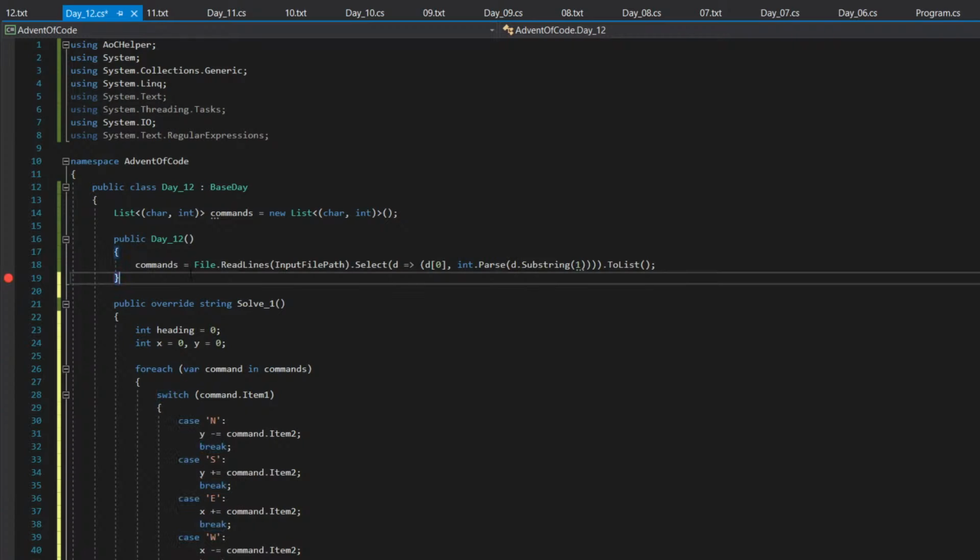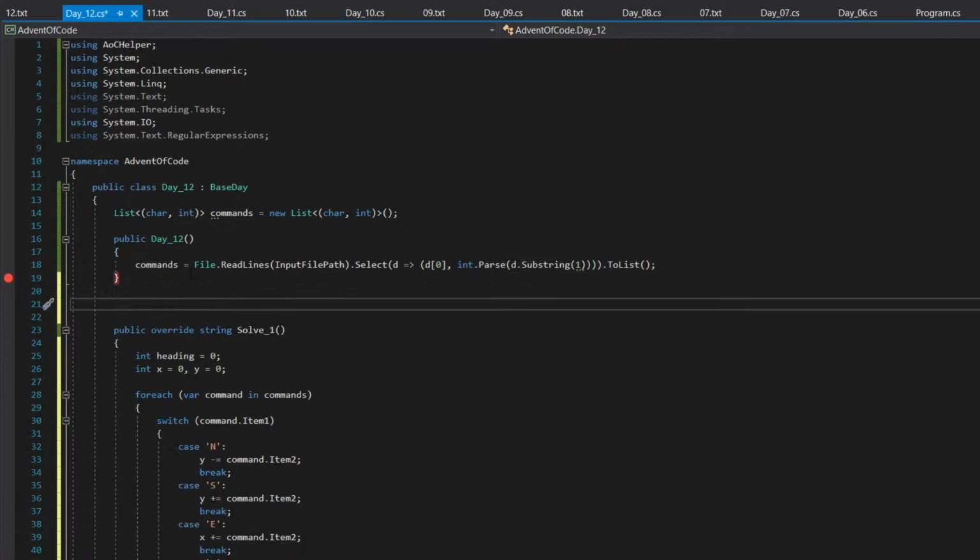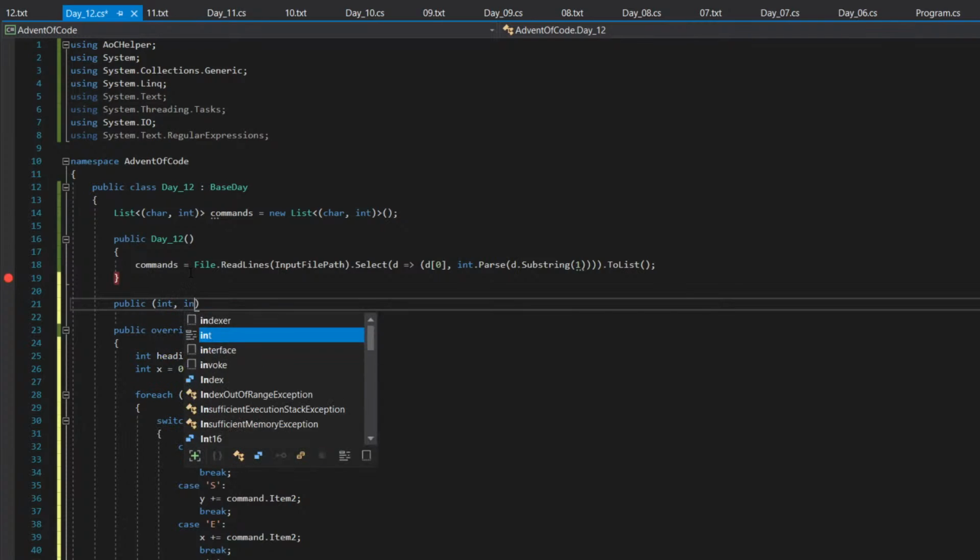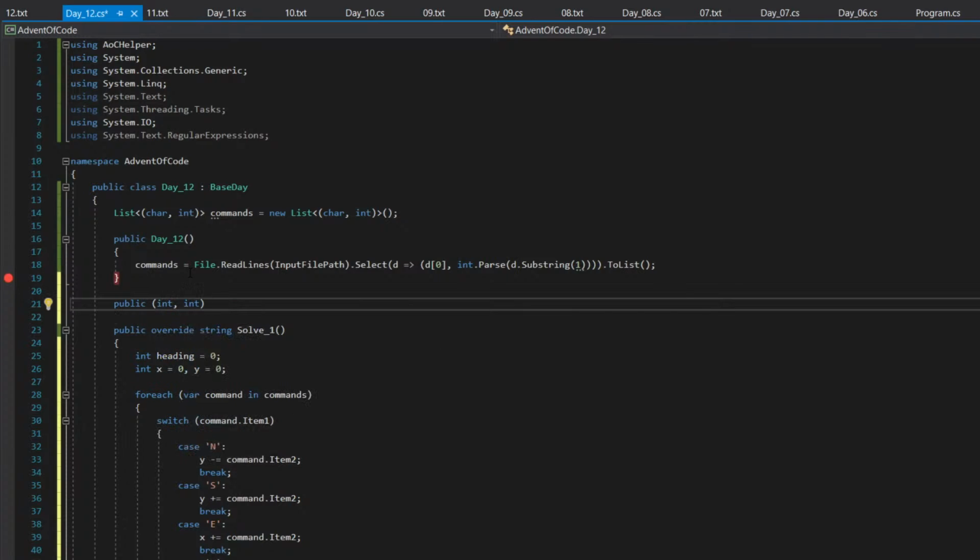How about we do this? We're going to have this function called move.